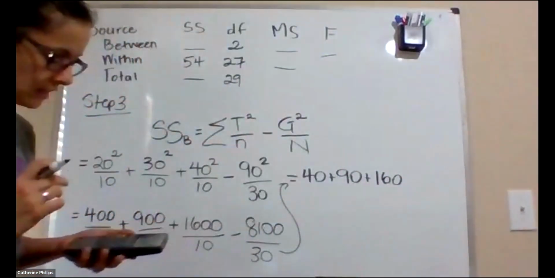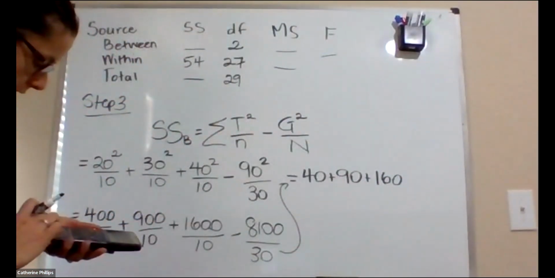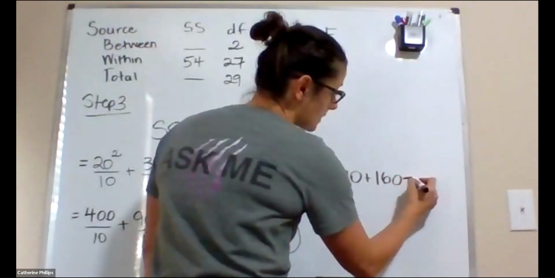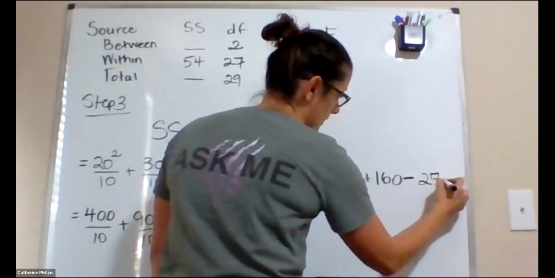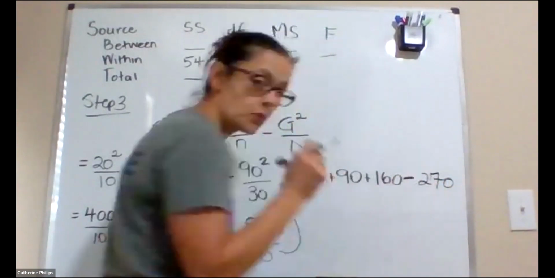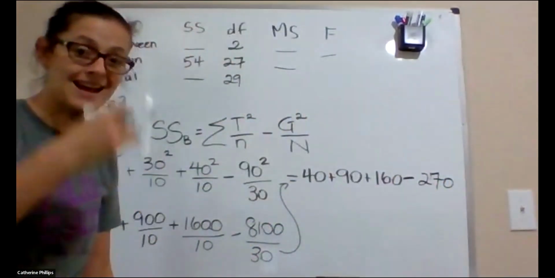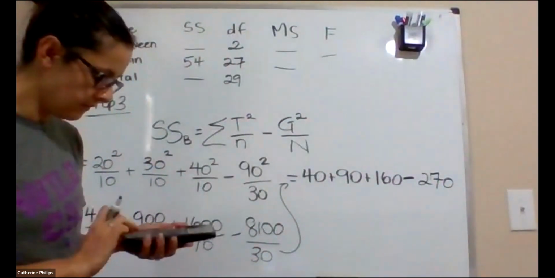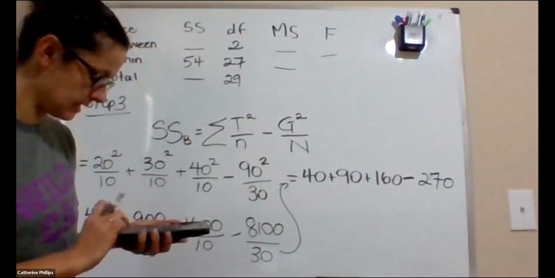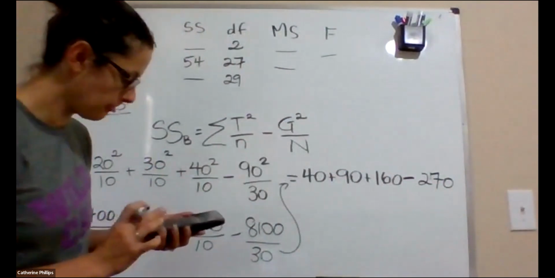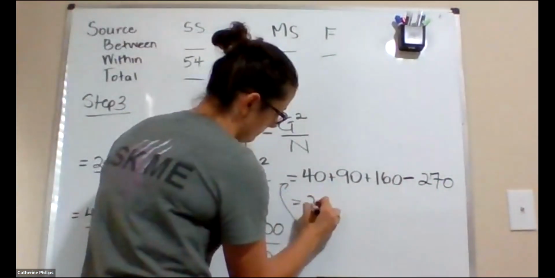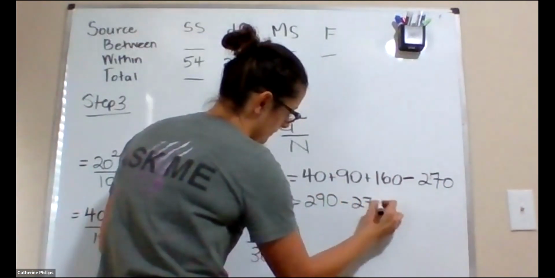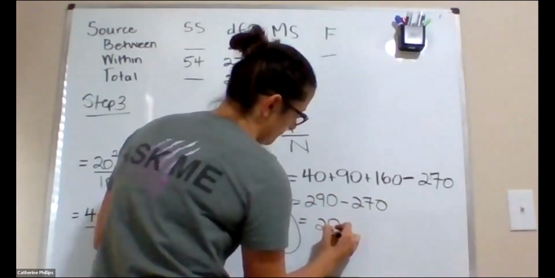And 8100 divided by 30 is 270. Now this last one is a subtract, right? Don't perseverate, it's add, add, add, the last one subtract. 40 plus 90 plus 160 is 290. Subtract 270, which is 20.